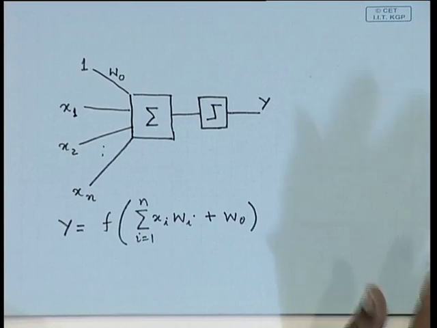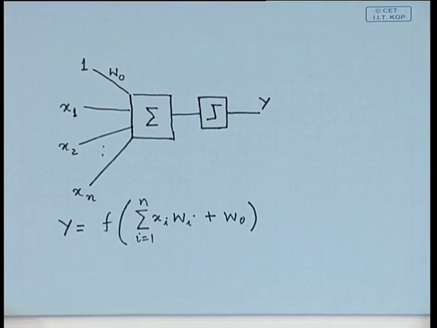So whenever I go for designing such a neuron, I have to select the weights wi properly, which was the purpose of having different types of criteria functions. We wanted a weight vector which gives you proper classification between two or more classes.